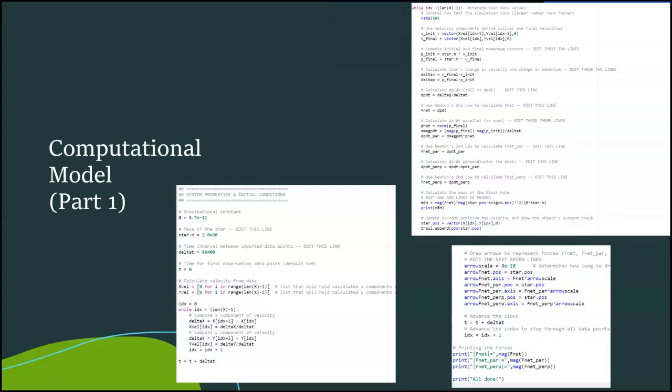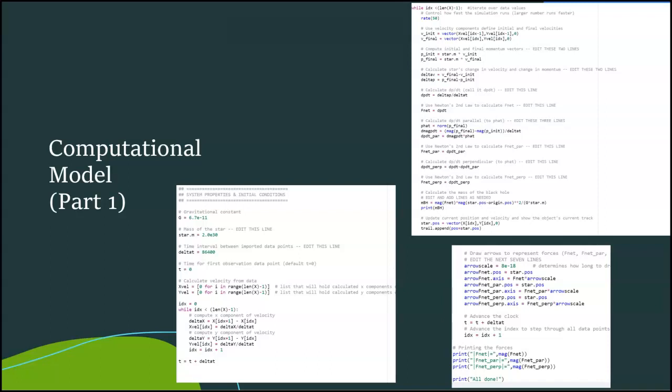In the computational model for part 1, we first describe the initial conditions, where we set the mass of the star to be 2.0 times 10 to the 30, and delta t to be 86,400, which is the number of seconds in a day. We describe the initial momentum by m times initial velocity, the final momentum to be the mass of the star times the final velocity, delta v, which is the change in velocity, delta p, which is the change in momentum, and we set the net force equal to dp dt, which is the change in momentum over time.